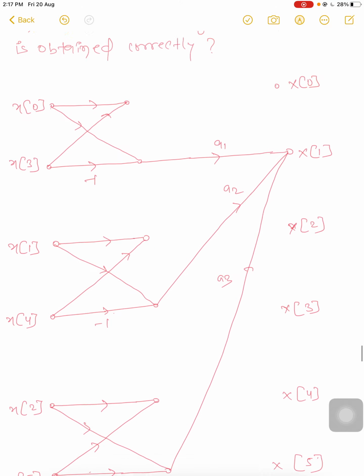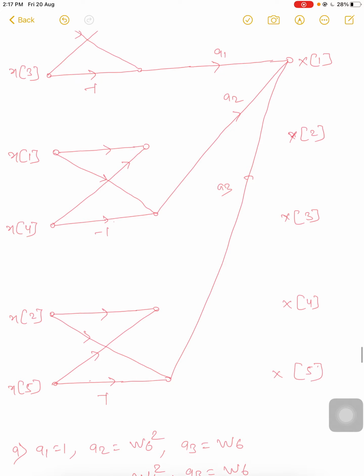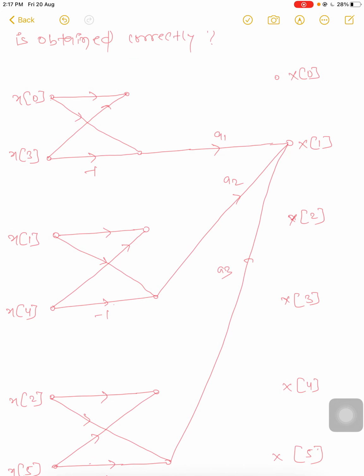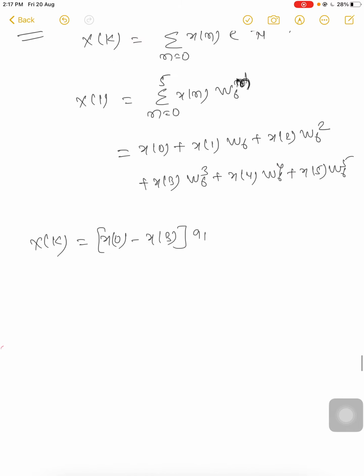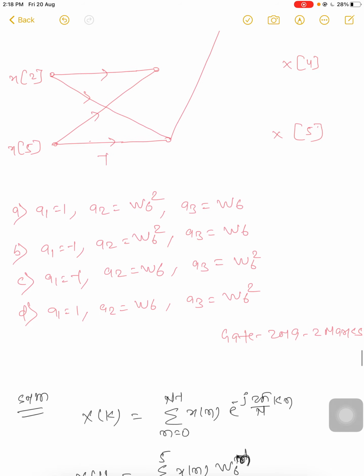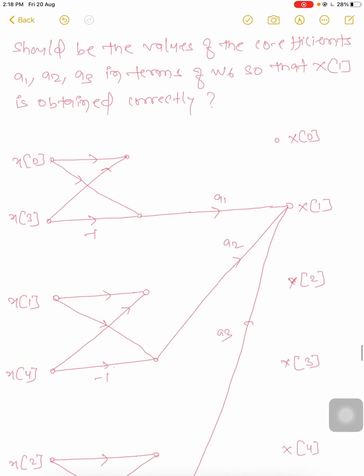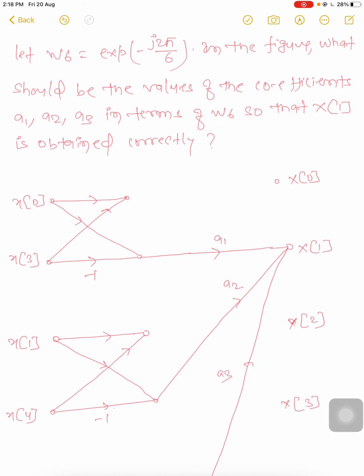From the given flow graph, Xk is equal to (x0 minus x3) a1. Let us see, at the zero position, here from 0 and subtraction of x3 from here. X3 is given, so x0 minus x3, and a1 will come from here.